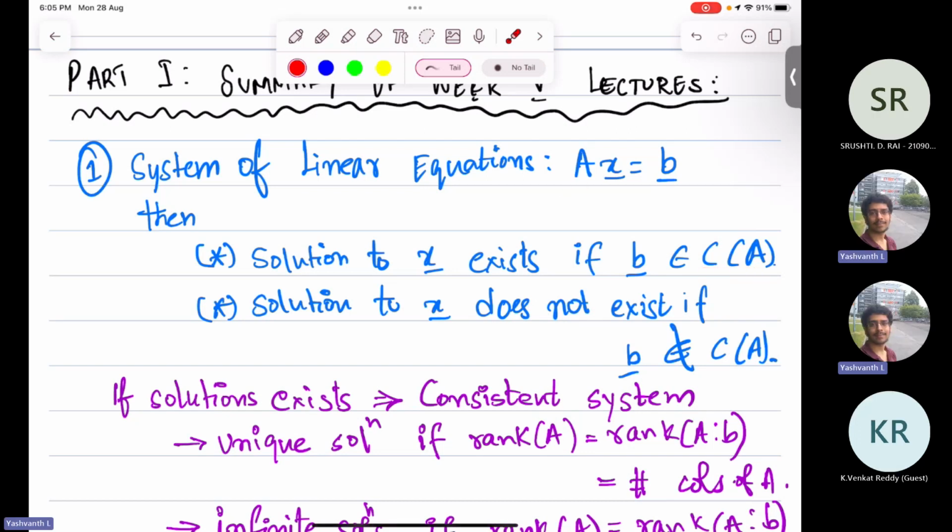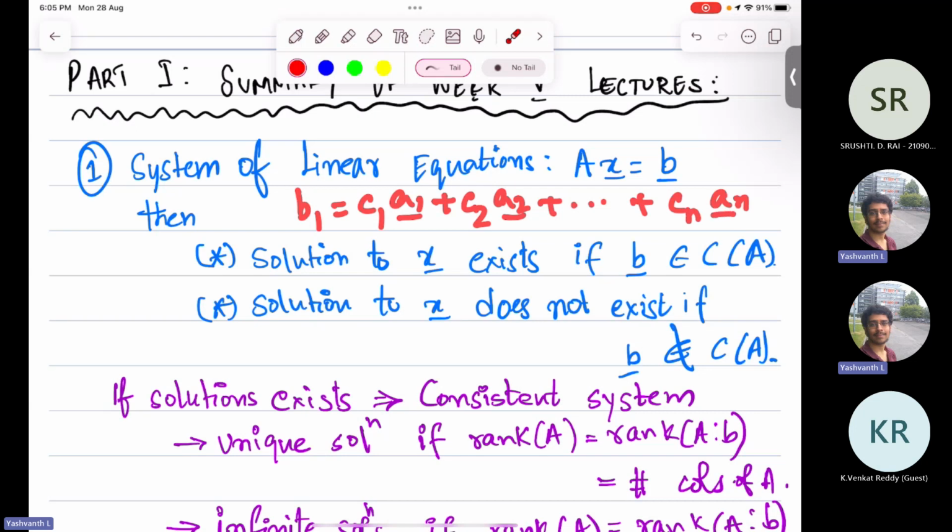Now the solution to Ax = b will exist if the vector b lies in the column space of A. What does it mean? It means you can express the vector b as a linear combination C1 A1 plus and so on plus Cn An, of all these n column vectors with corresponding coefficients C1, C2 and so on to Cn. Then you can find a solution x.